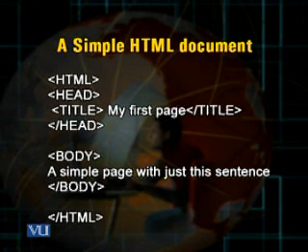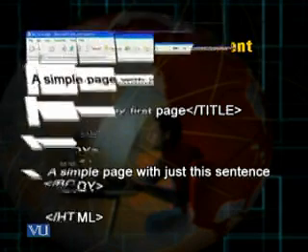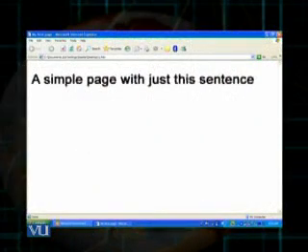So when this code is executed and processed, its result would be viewed in the browser, and you will see the result like the one in the slide before you, a single page with just this sentence. That code has resulted in this particular web page with just one sentence on it.